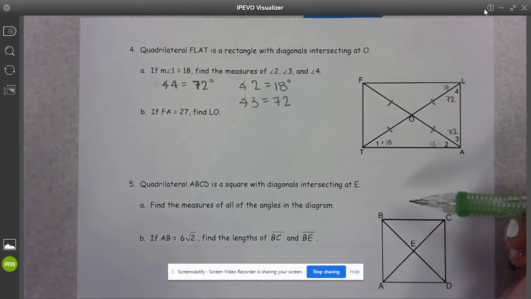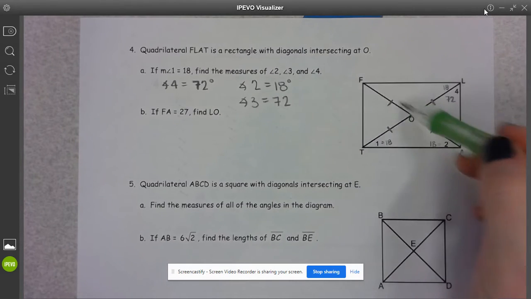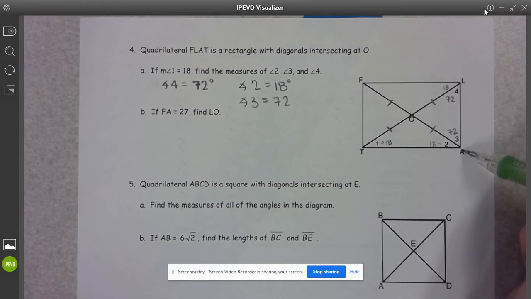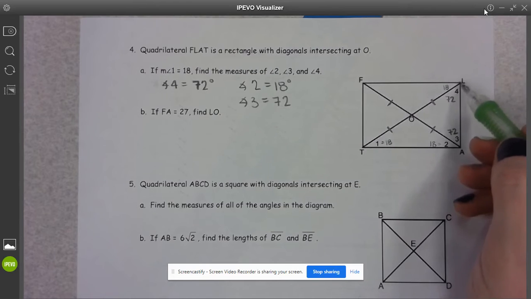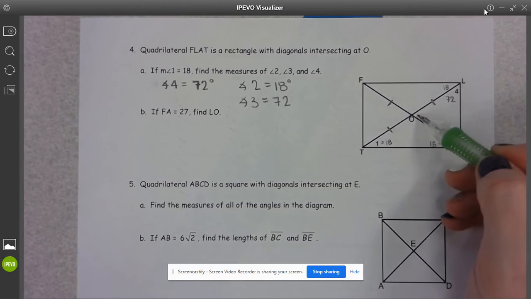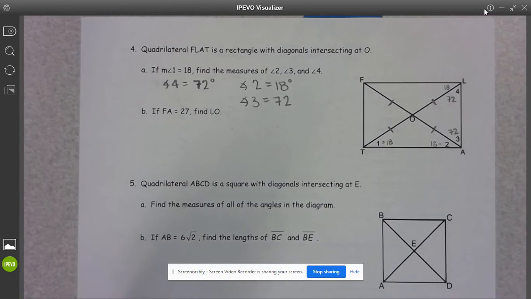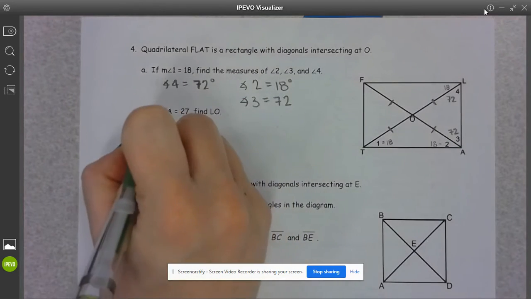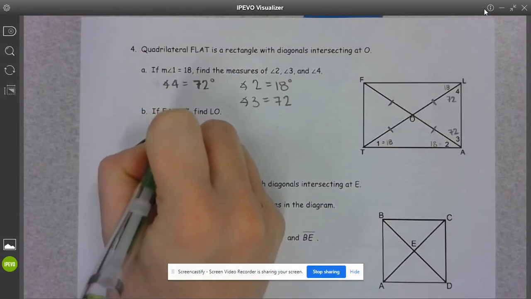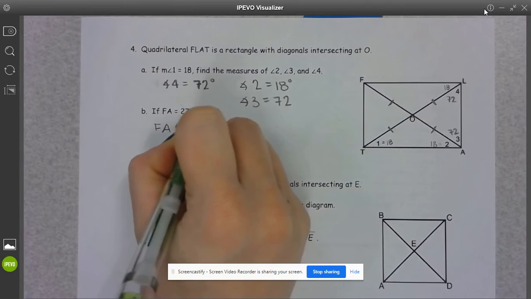All right. So FA is 27. FA is my whole diagonal. They want us to find LO. They want to find just this part of my diagonal. Well, since my diagonals are congruent, I know that FA is the same as LT.